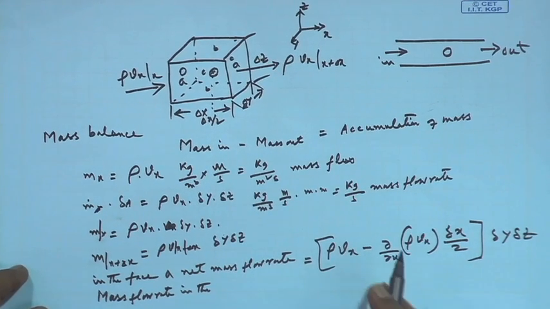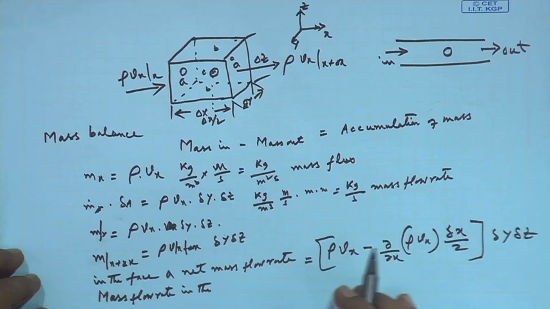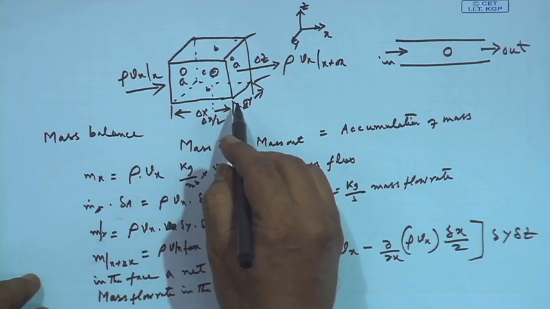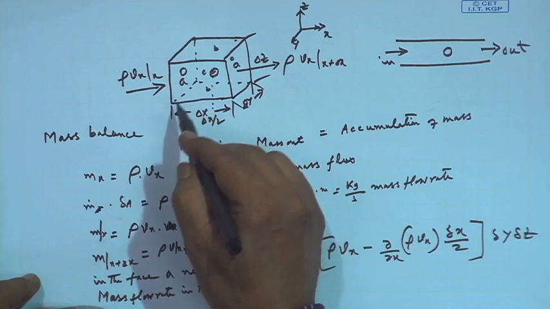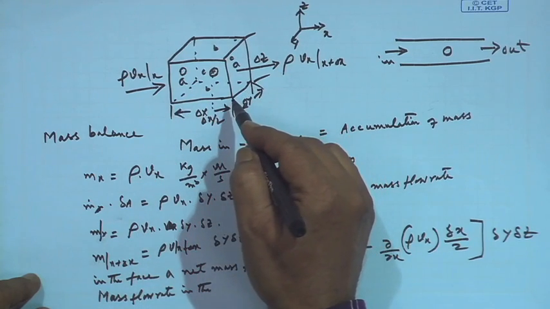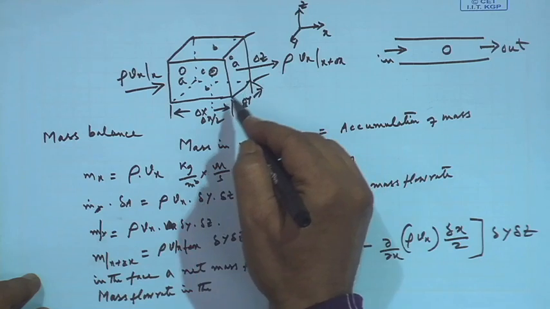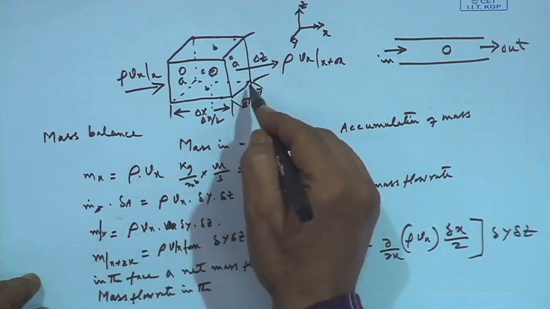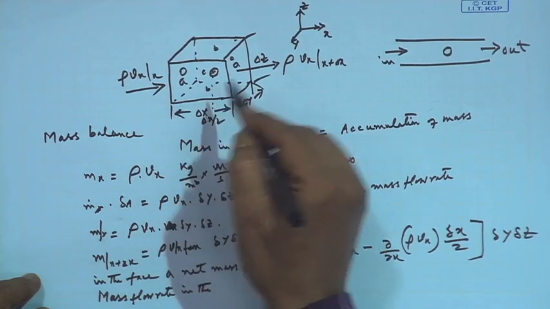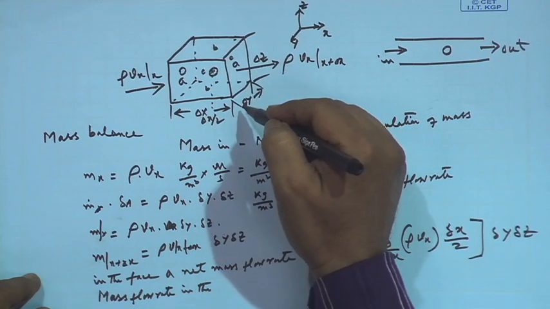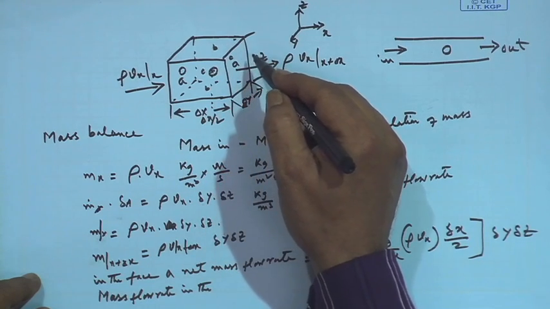So, in that case at the face B, this area will be del y del z, right. In the face this will be del y del x, that B, and C will be in this face, that is del y del z, right.